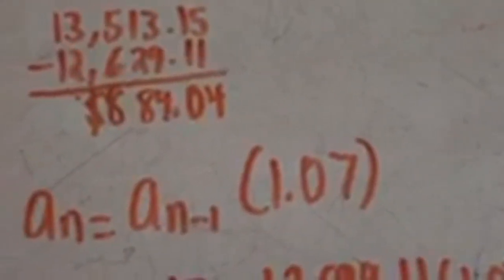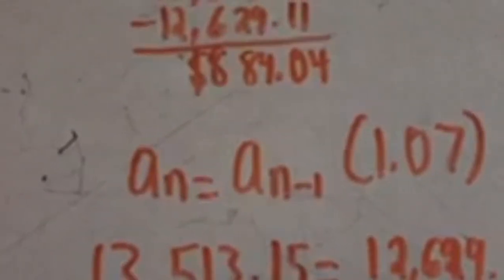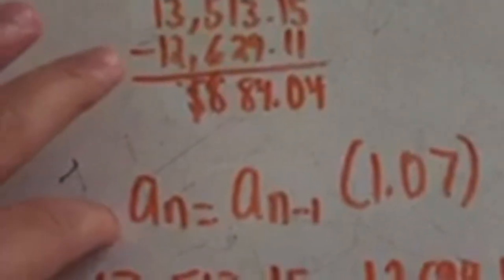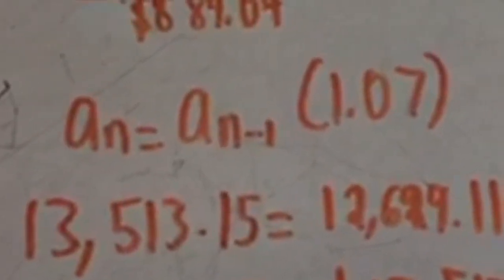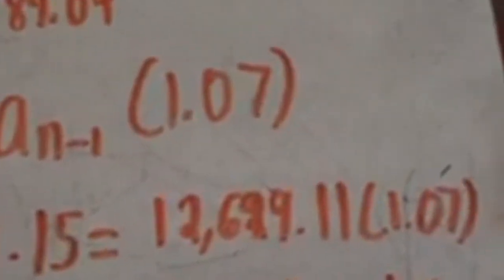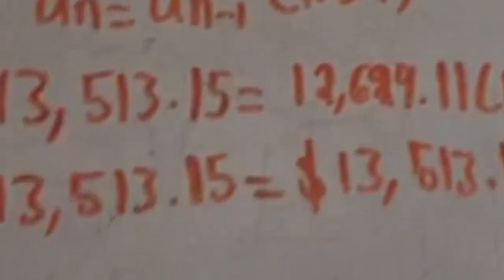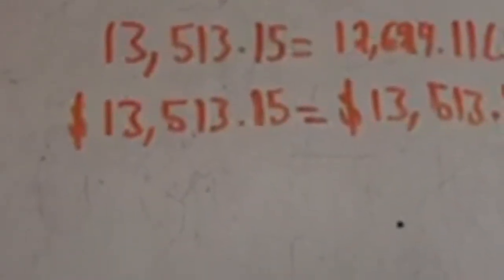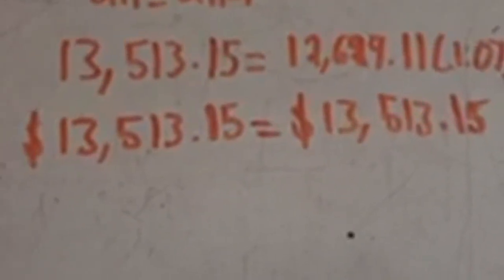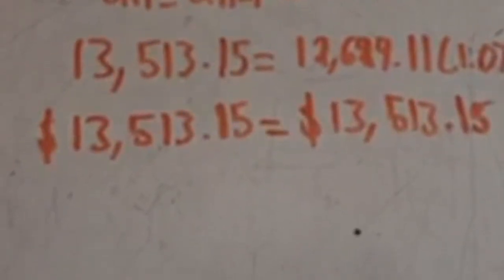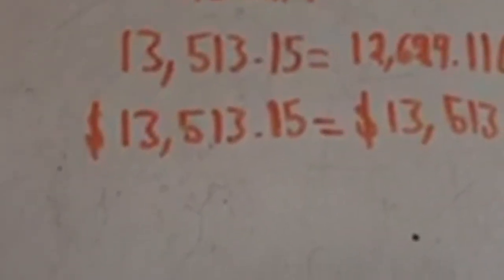So you multiply that by 1.07 to see if you can get the same amount on this side as you did on here. So $13,513.15, that's how much money you have on your 32nd birthday. $12,629.11, that's how much money you have on your 31st birthday. You multiply that by 1.07, you get $13,513.15 on both sides. That proves that you did earn 1.07 every single year.